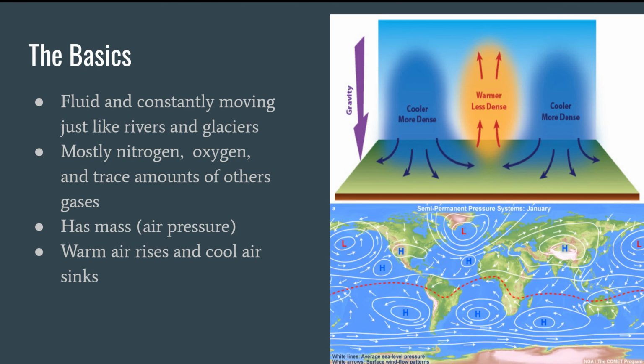So many of you probably already know that the two main gases in the atmosphere are nitrogen and oxygen. About 71% of the atmosphere consists of nitrogen, and about 28% consists of oxygen. The remaining 1% consists of things like argon, carbon dioxide, methane, and other trace gases.